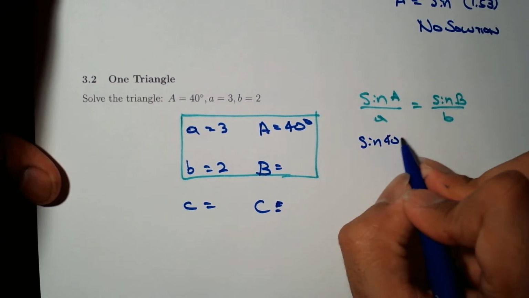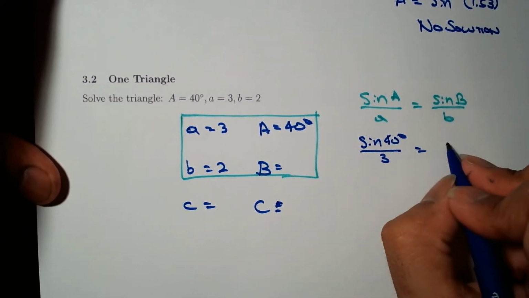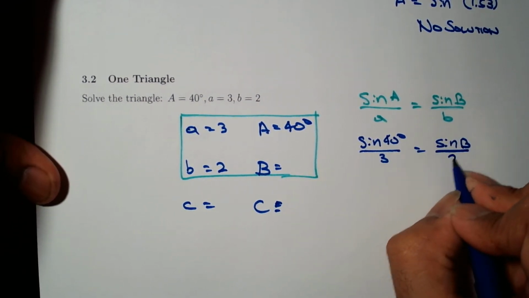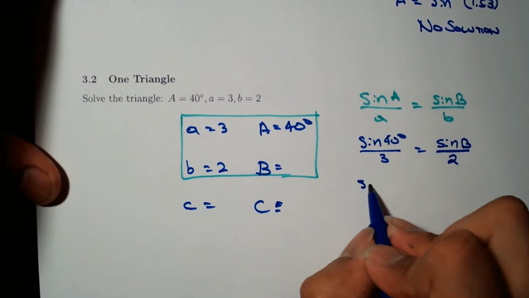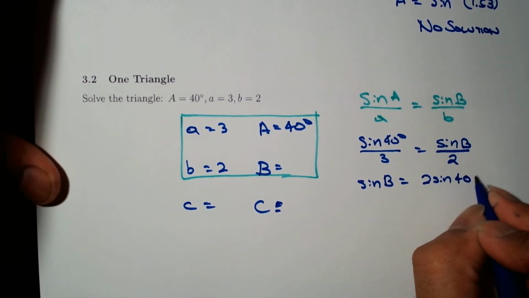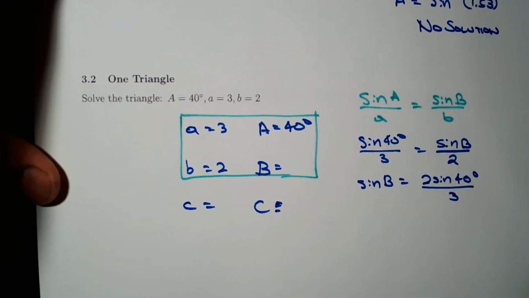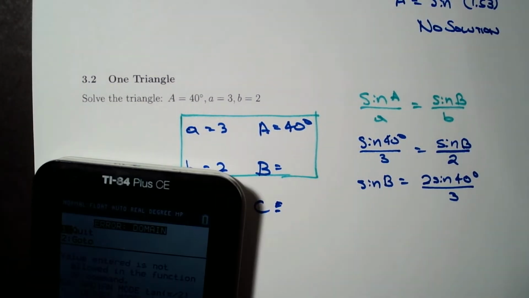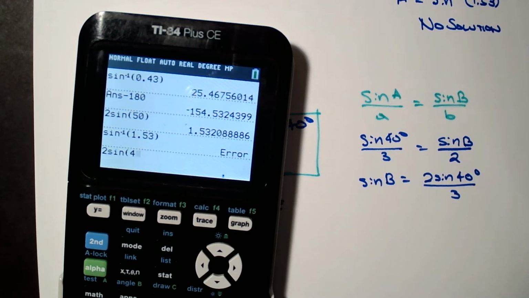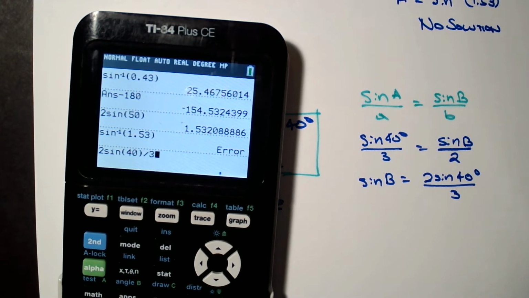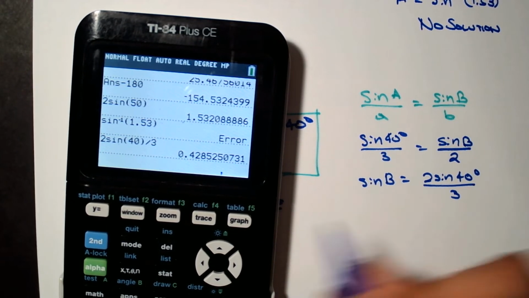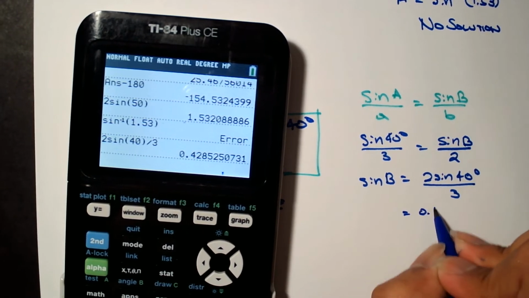Let's substitute the numbers. Sine 40 degrees over 3 equals sine B over side B, which is 2. So solving for sine B, we get 2 sine 40 degrees over 3. Let's simplify this, and that's going to give us 0.43, rounded.